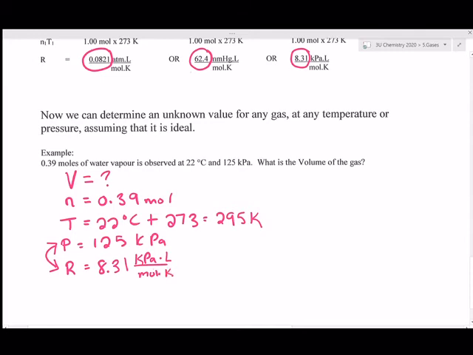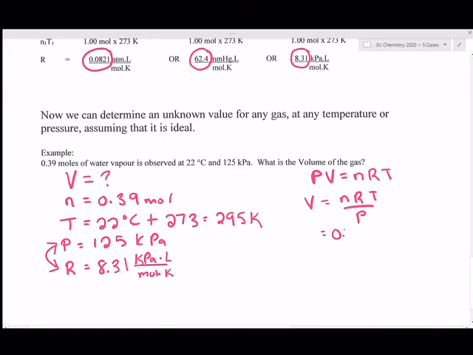I'm just going to show you what it looks like when we put that in, but often you would not write that unit. Okay, so if our standard formula is usually provided like this, PV equals nRT, if we want volume by itself, we're going to have to divide pressure out of the left side and the right side of the equation. So it will be nRT divided by pressure.